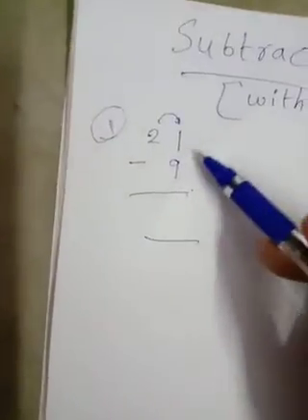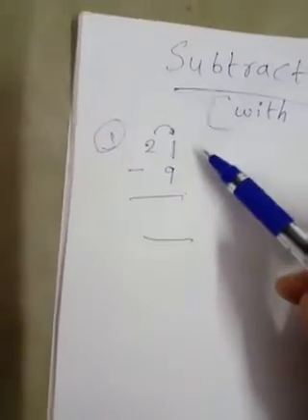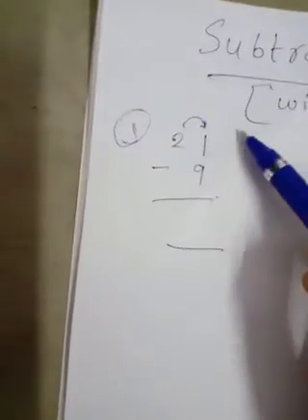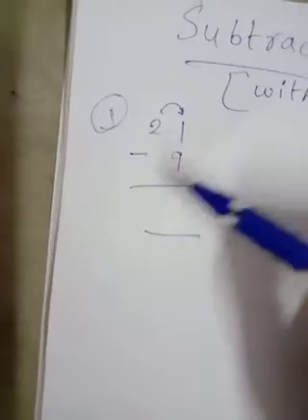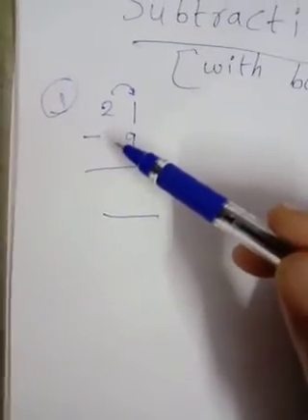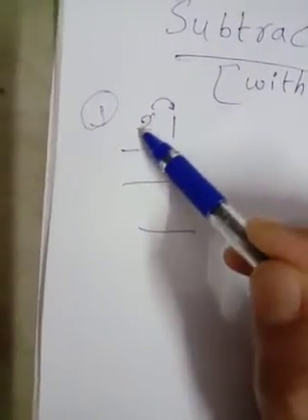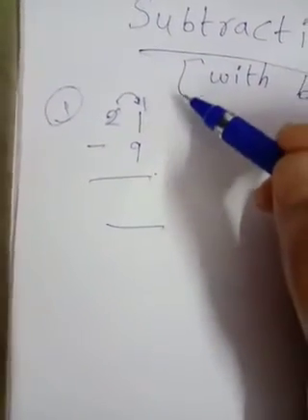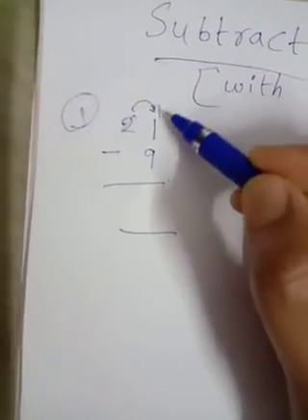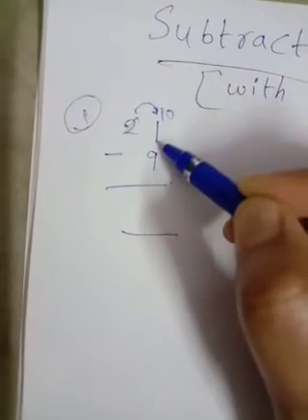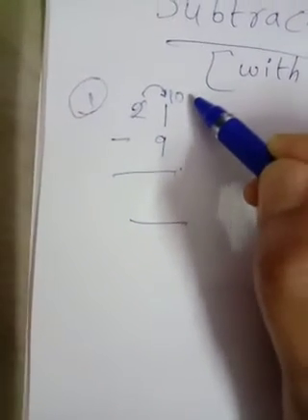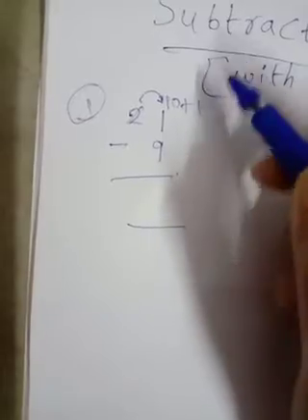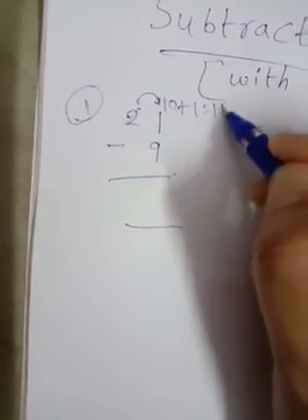Here in the ones place only 1 is there, so we take borrowing. How many tens are there? 2 tens. We take 1 ten, which means 10. Here 1 is there, so 10 plus 1 means 11.